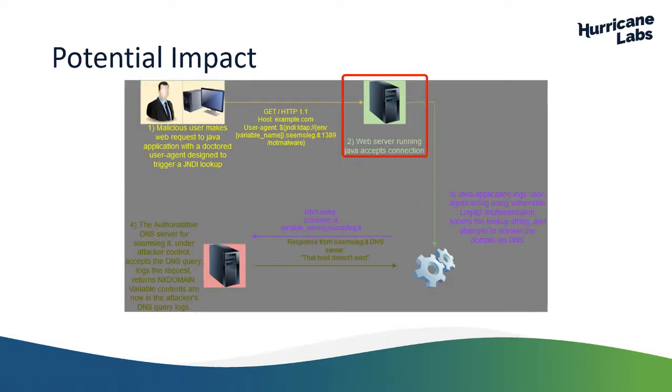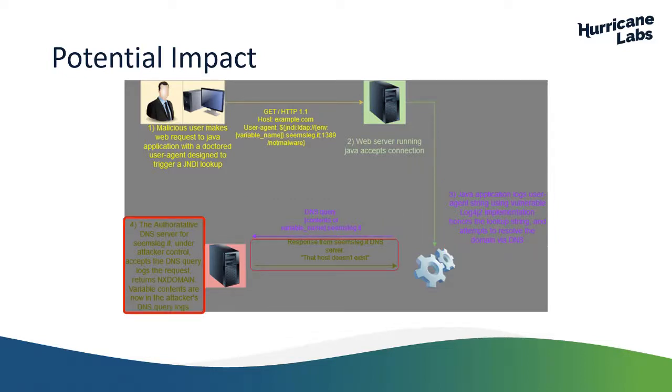So the web server running Java, or whatever application server it is that's running the Java application, accepts the connection and sees that JNDI lookup string. It will resolve the environment variable and then see, well, regardless of whether this is an LDAP or a DNS JNDI lookup, I need to be able to resolve this domain. So the next step would be sending a DNS query that contains the contents of that variable to a subdomain of seamsleg.it.